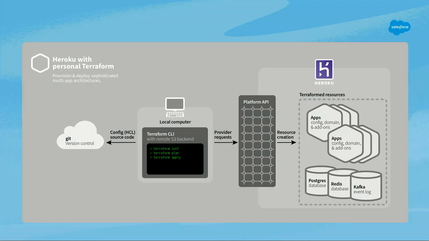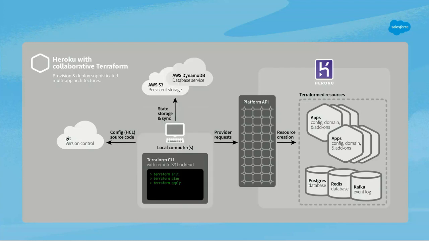But the challenge here is if you want to collaborate on this with a team, the state is on your local computer, right? So you need to share that somehow. Terraform provides a number of different backends, including an enterprise product that makes all of this really beautiful. But I'm talking about right now just using the open source version.